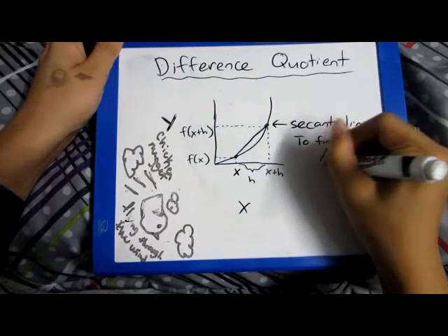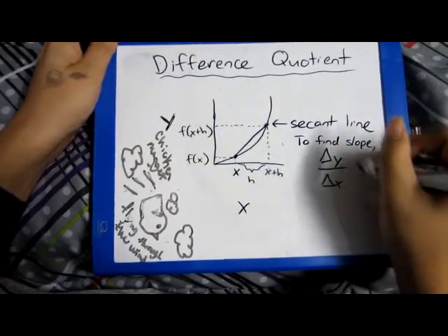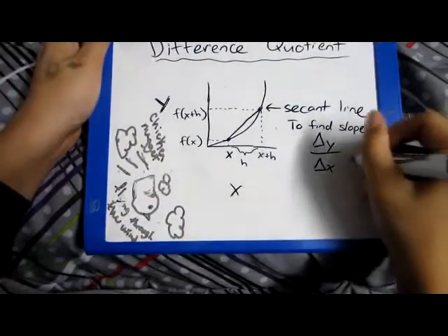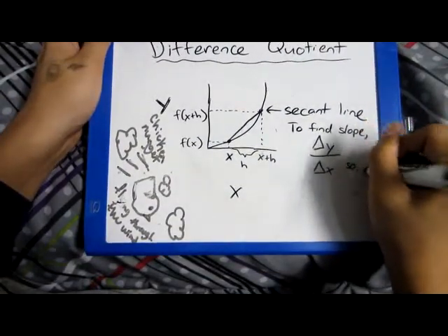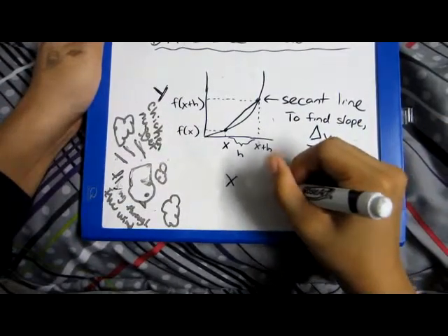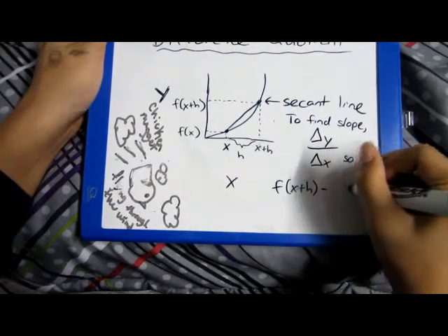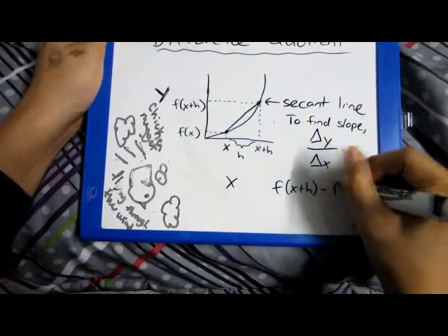Now, to find the slope, we will use the same idea of delta y over delta x, or the change in y over change in x. The change in y in this case will be the difference between f of x plus h minus f of x.